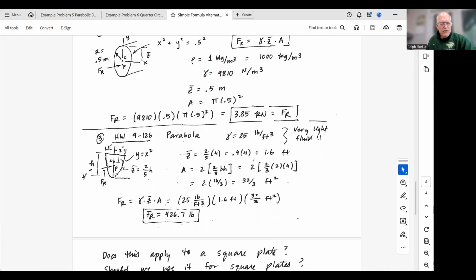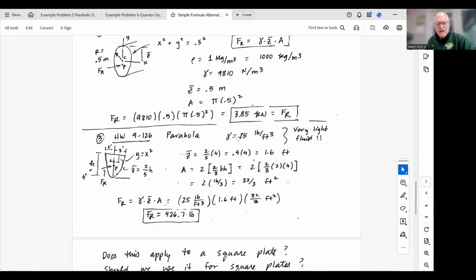Finally, this is a parabola that was a homework problem. And so the height was 4 feet. This is a 2 feet and 2 feet parabola. The gamma in this case was 25 pounds per cubic foot, which is extremely unusual. It's almost like a foam. It's a very light fluid.